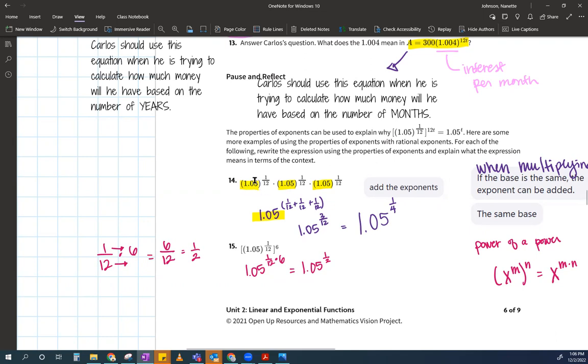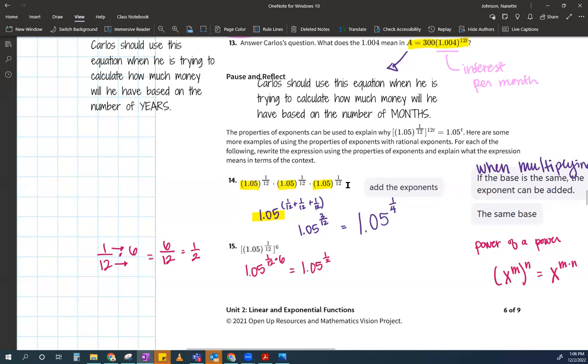Yeah, this was the amount of interest that is being earned, right? And for how many months are we doing it? 1, 2, 3. Very good.